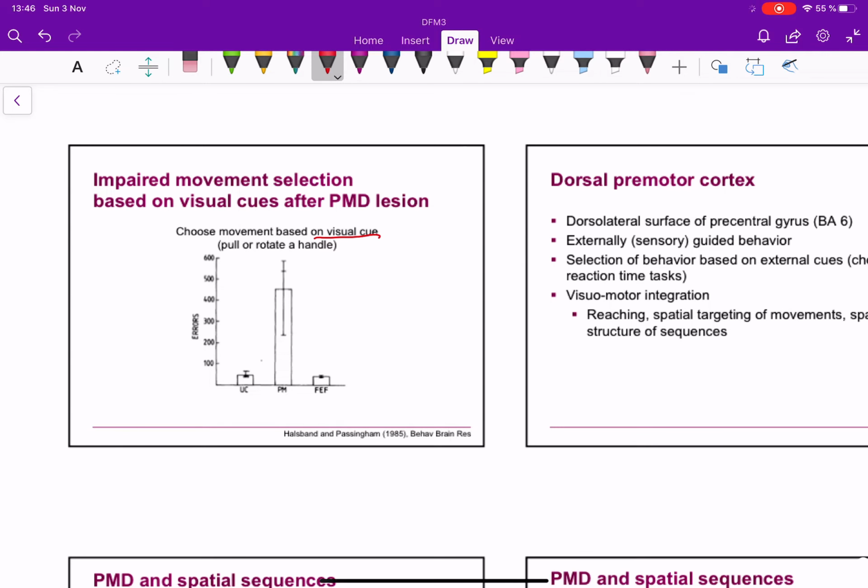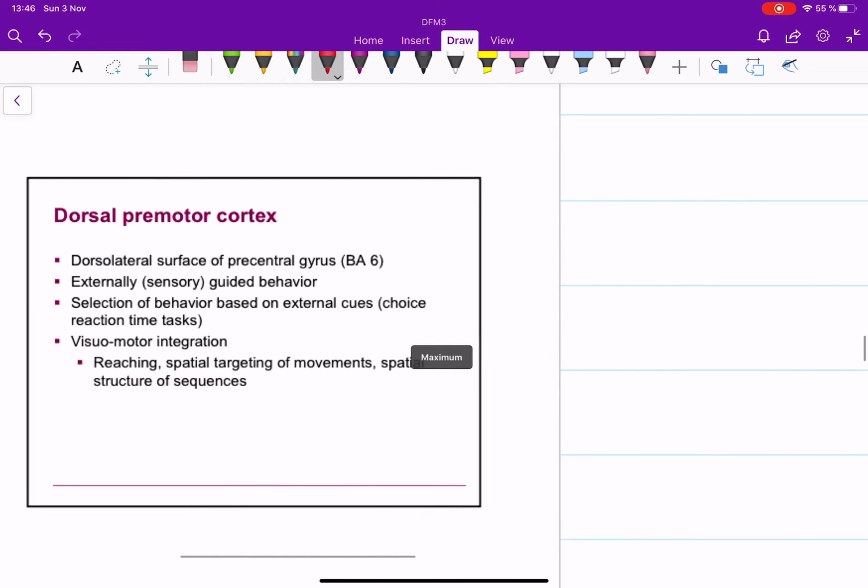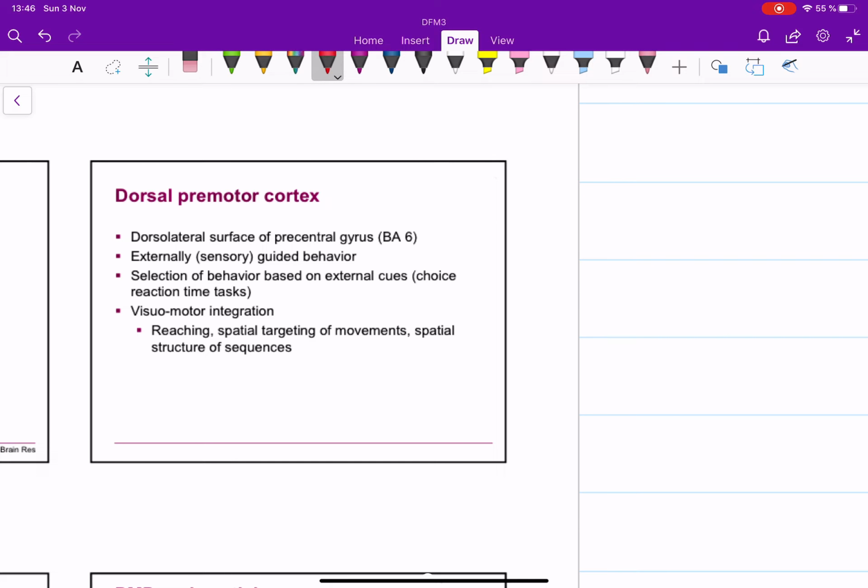Here we say the premotor lateral, premotor dorsal division. Here where we have a lesion, I don't want to speak about that. So remember that the dorsal premotor cortex is nearby the frontal eye field. That's why there is a visual motor integration.